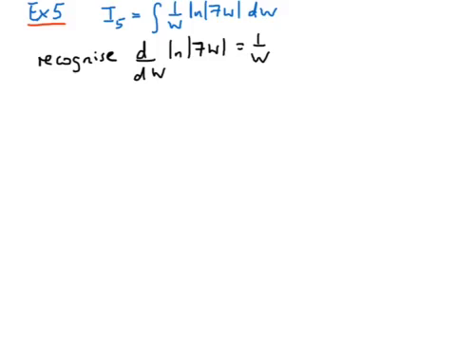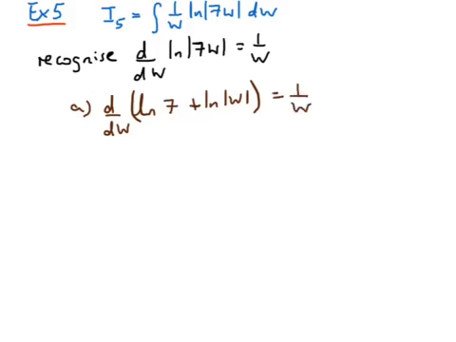One way is the following. You say that this is d by dw of the logarithm, and now it's 7w, so it's the logarithm of 7 plus the logarithm of the modulus of w. The logarithm of 7, its derivative is 0 because it's a constant, and the derivative with respect to w of log of mod w is just 1 over w.